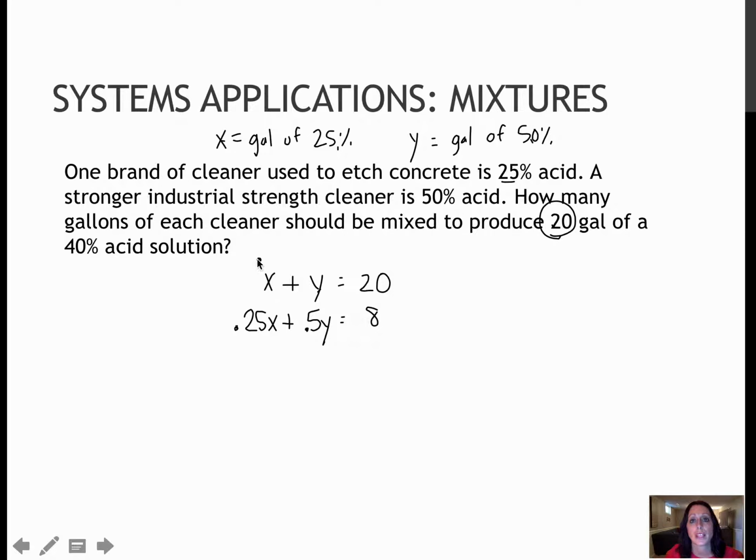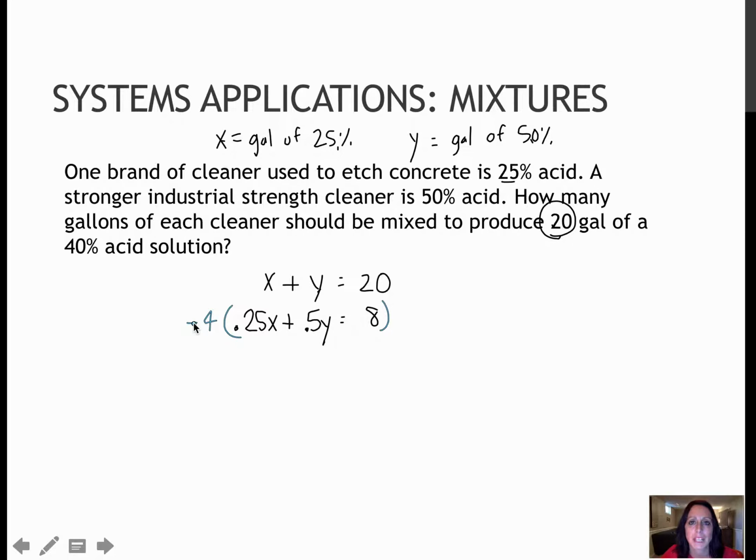If you're using substitution, I would probably move the y to the other side to get x equals 20 minus y. If you're using elimination, which I'm going to do this time, I'm going to take everything in my second equation times -4, because I know if I take 0.25 times 4, that's like a quarter, and if I have 4 quarters, I have $1.